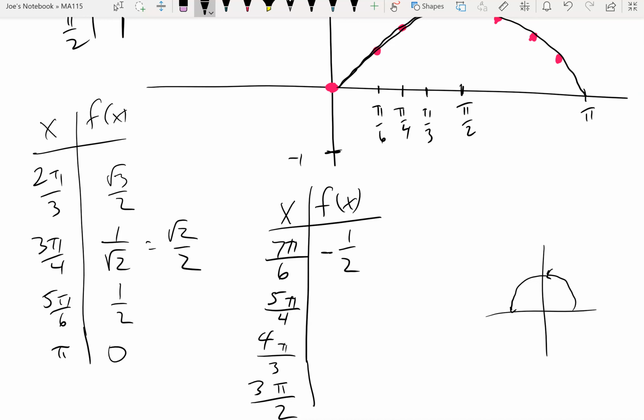For 5 pi over 4, then what are we going to get? Negative 1 over root 2. For 4 pi over 3? Negative root 3 over 2. And what do you think for 3 pi over 2? Well, what was the sine of pi over 2? 1, so it better be negative 1, because we're below the x-axis, right?